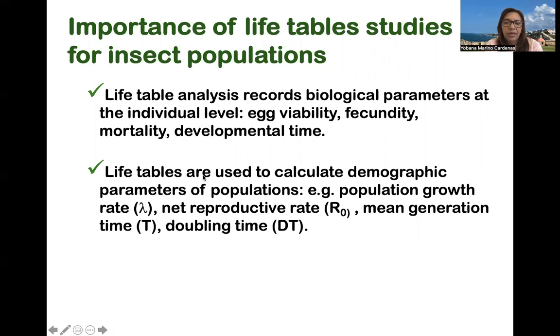And at the population level, we can calculate demographic parameters like population growth rate. The population growth rate value indicates the status of the population. If the value of the population growth rate is more than 1, this means that the population is increasing in size over time. I will explain in more detail what these other demographic parameters mean in the results section.